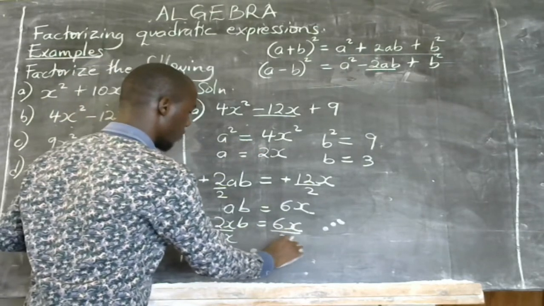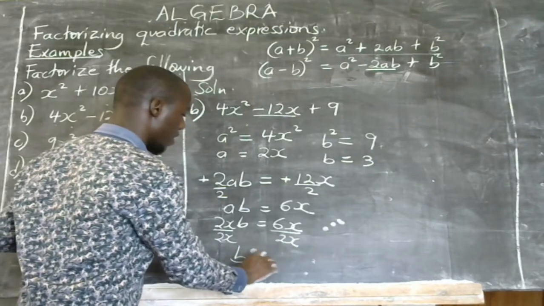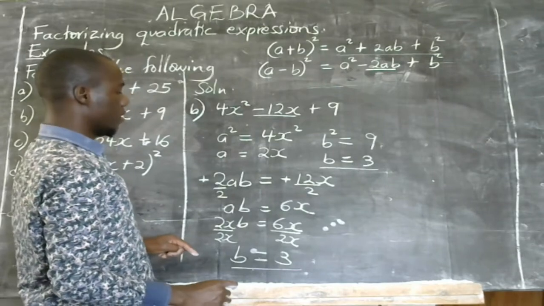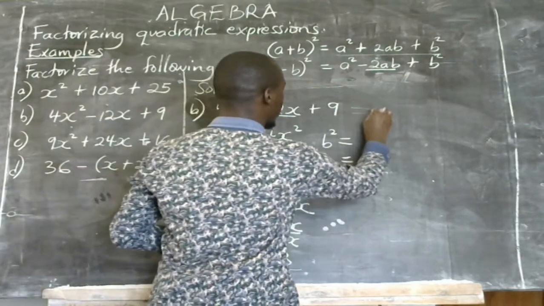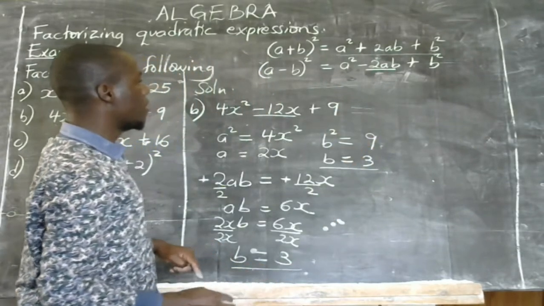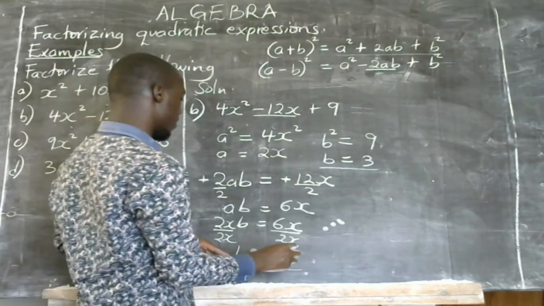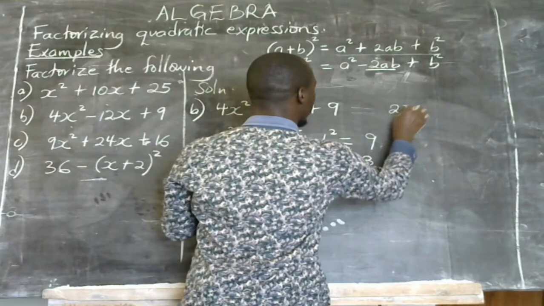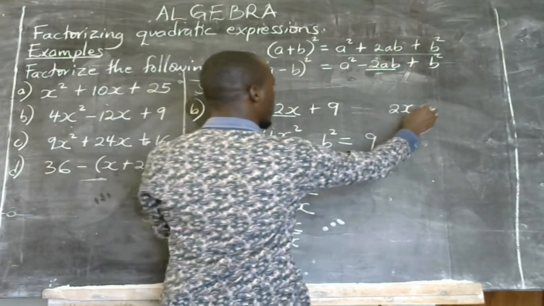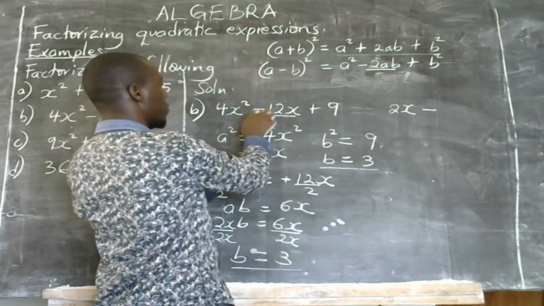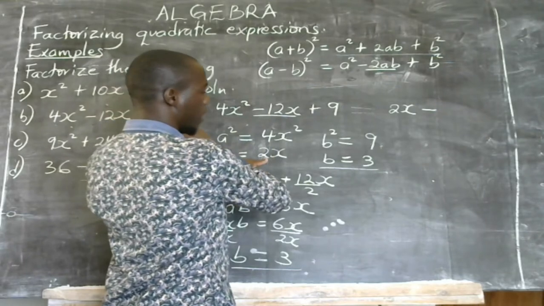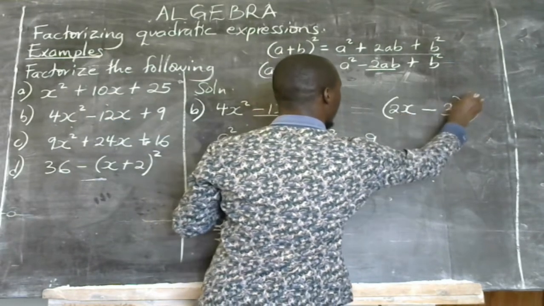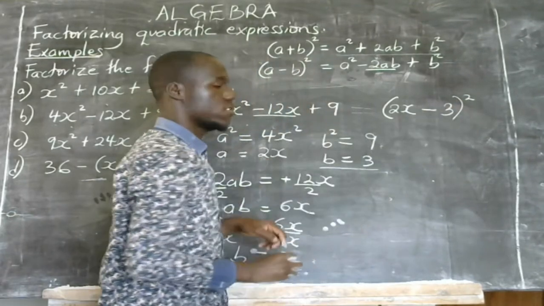You see you are getting the B as 3, which is that one there. So I'm going to finally write my factorized expression as the A, which is 2x, then minus, because this one here was also a minus, the B, which is a 3, then I shouldn't forget the square there.